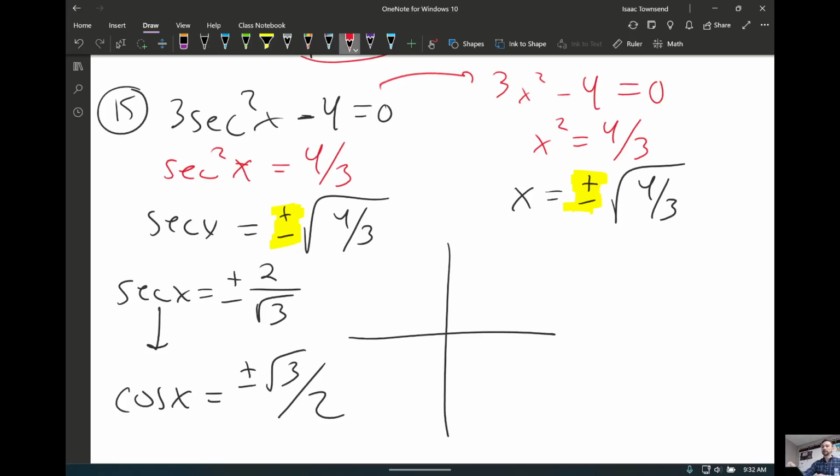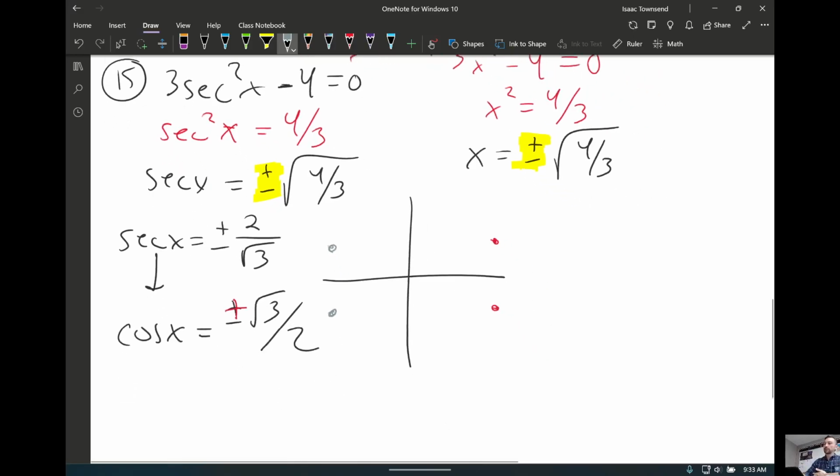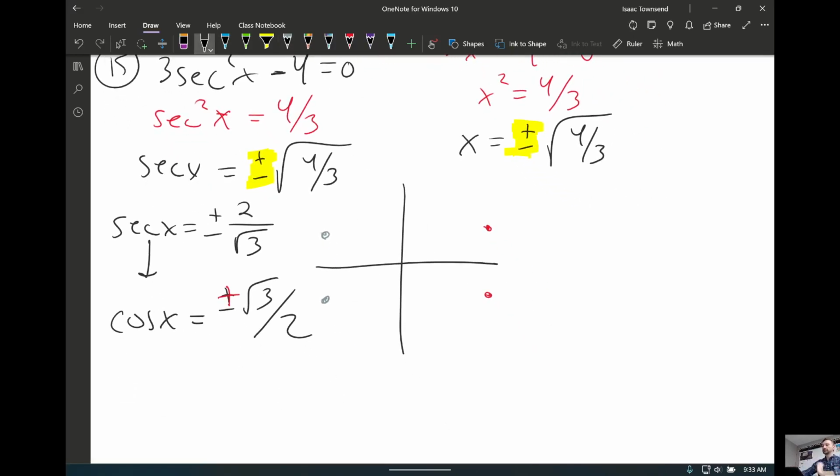Now I've got something that looks like it's unit circle ready. Cosine is positive square root of 3 over 2 in these two spots. Negative square root of 3 over 2 in those two spots. And the directions say solve, so it wants the coterminal answers as well.